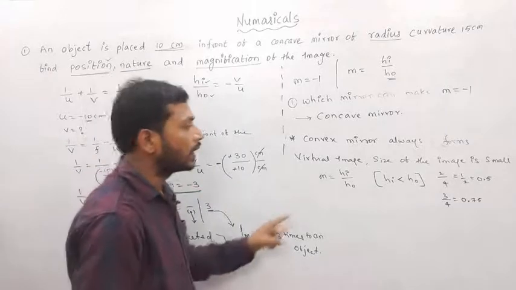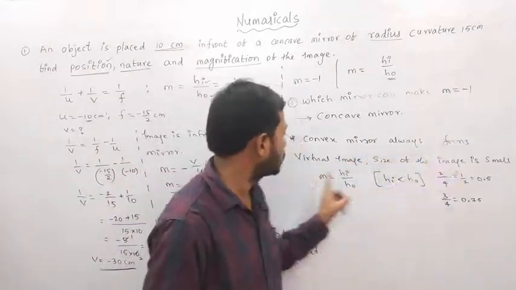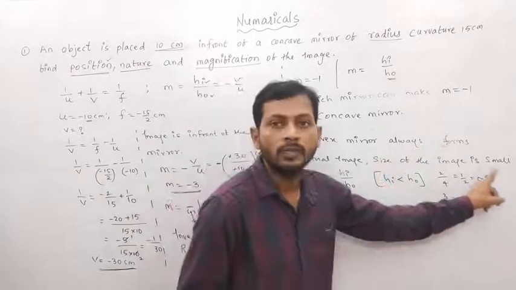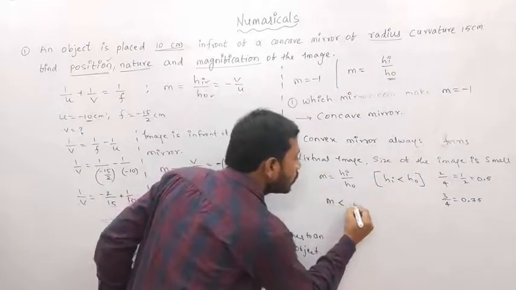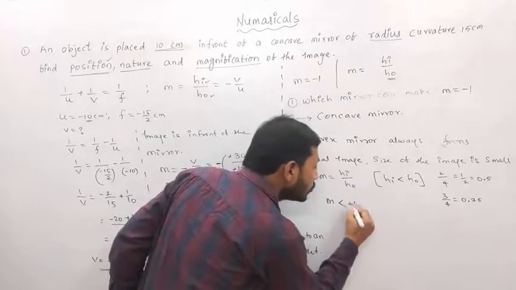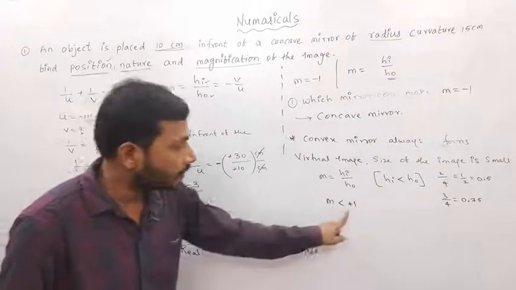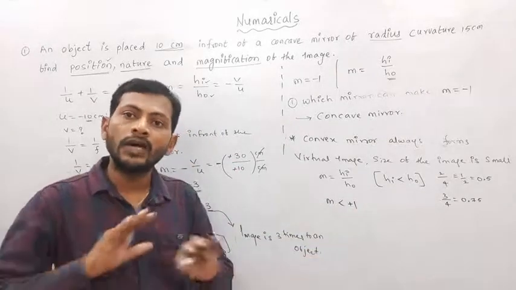So now I am making the fundamental formula. Convex mirror always forms virtual image, size of the image is small. Therefore, M is less than 1. But M is always positive, because it makes the virtual image. So now it is confirmed.